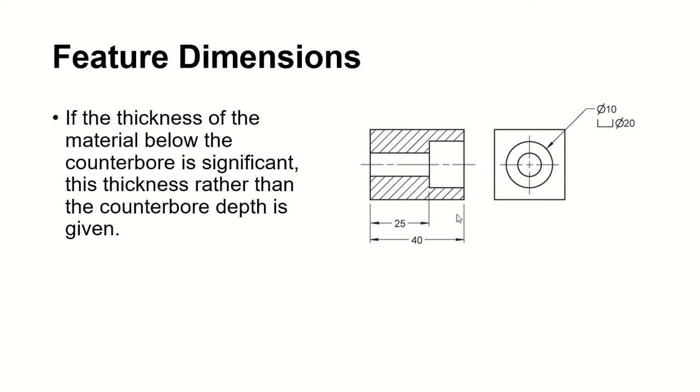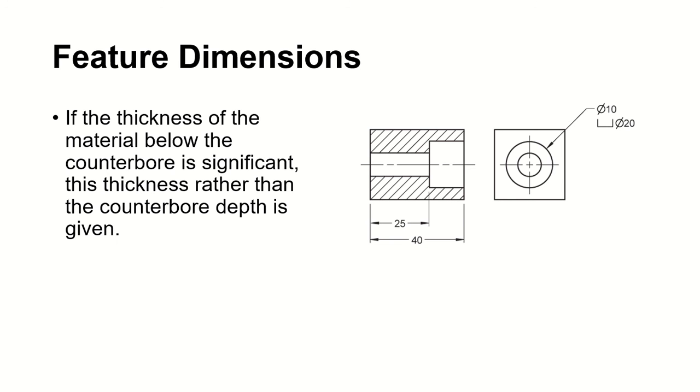This is our circular view, so you don't have to put the depth in this note. And why do we do this type of dimensioning method? It's because the thickness of the material below that counterbore is significant. So you have to put the thickness instead of the depth.